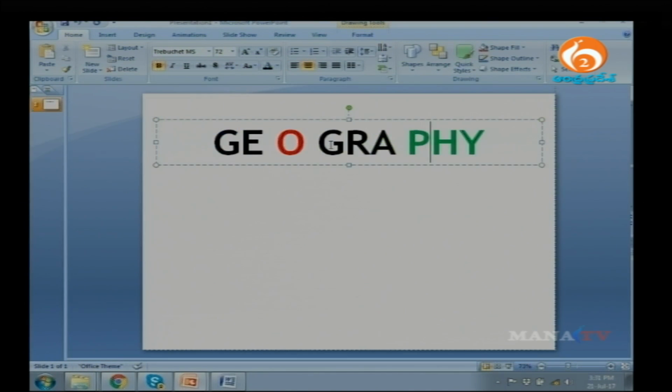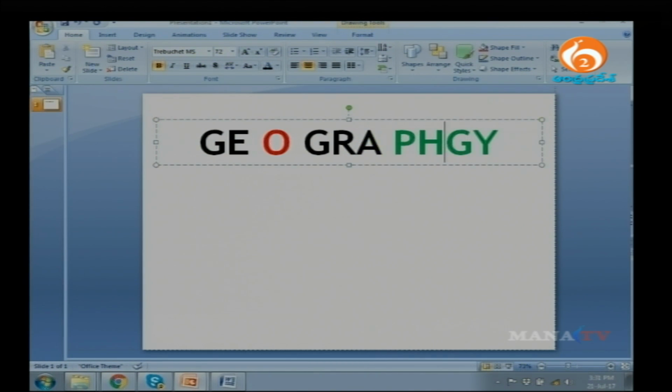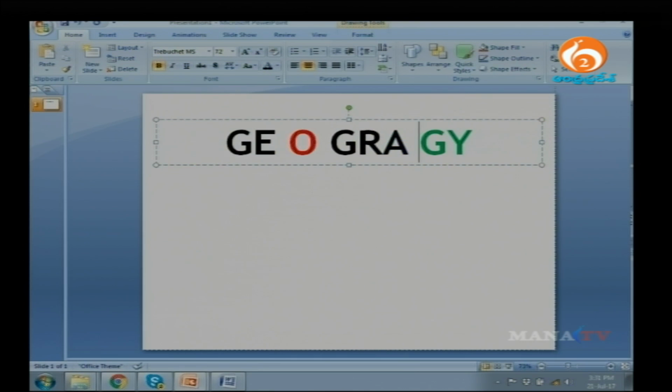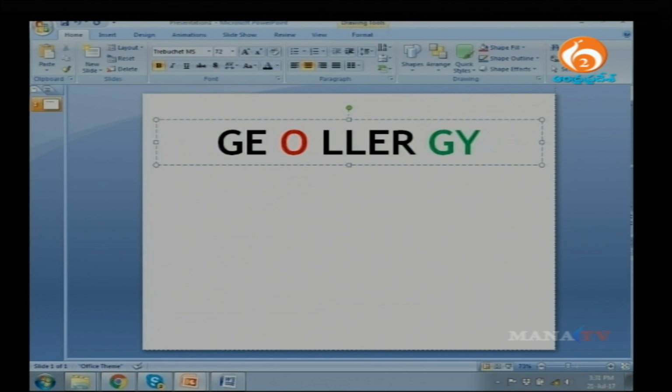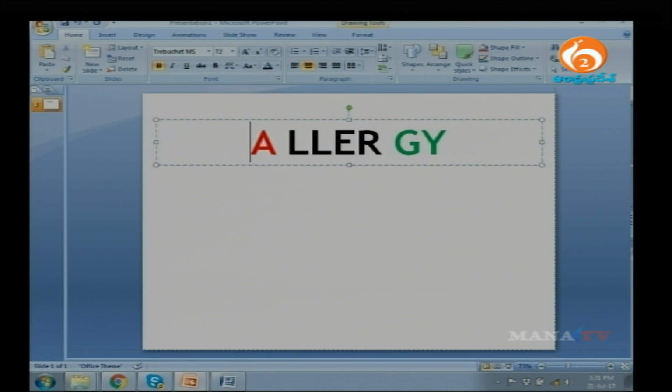GY. Now here I am going to tell you something amazing. The word is allergy. It's not allergy, it's allergy, because I am stressing on the third one.